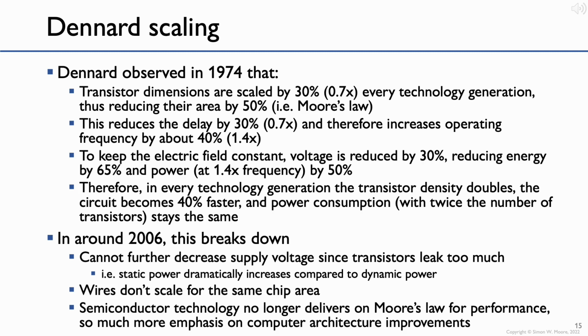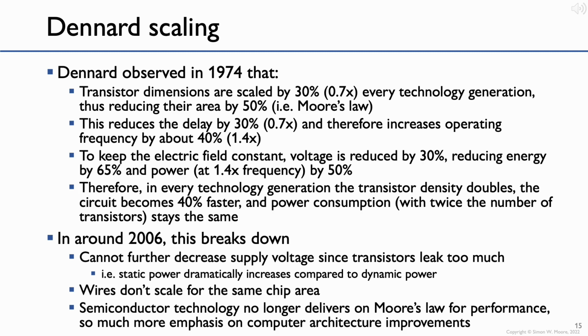To keep the electric field of the transistors constant, the voltage has to be reduced by 30%, reducing energy by 65%, and power by about 50%. Therefore, in every technology generation, the transistor density doubles, the circuit becomes about 40% faster, and the power consumption, and this is of course with twice the number of transistors, stays the same.